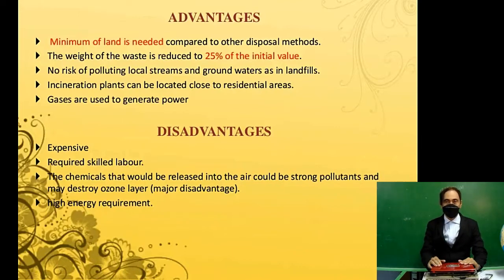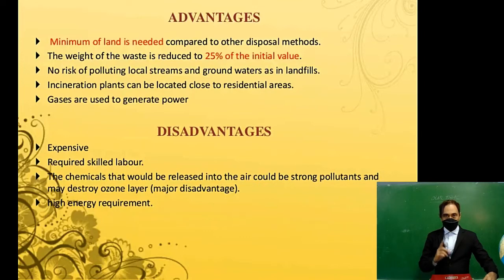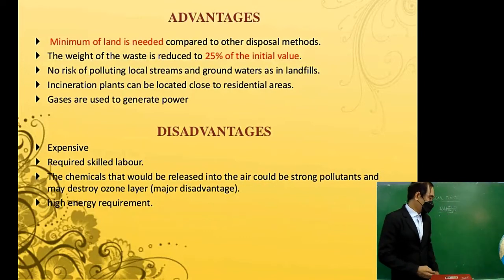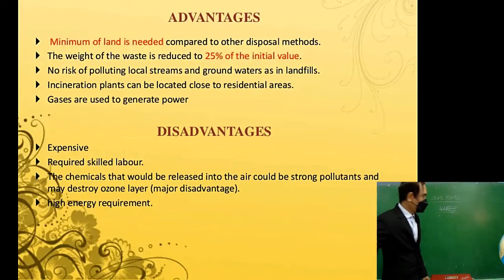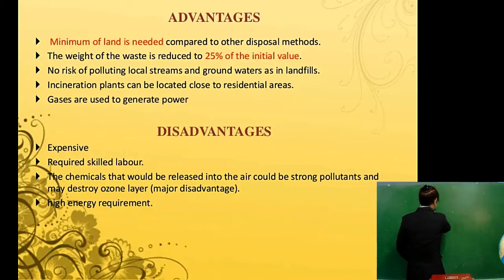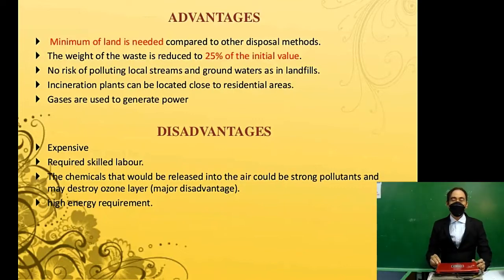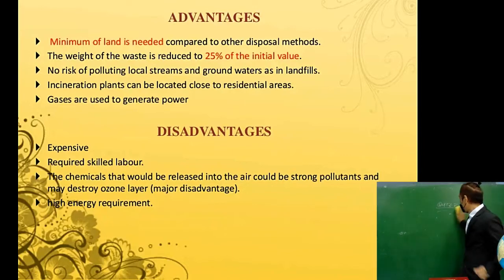The incineration plant also requires experts, skilled labor. The chemicals that would be released into the air could be strong pollutants and may destroy the ozone layer. That's a problem of incineration because there is smoke or gases coming out from the chimney of the plant and eventually might damage again the almost damaged ozone layer of the earth.